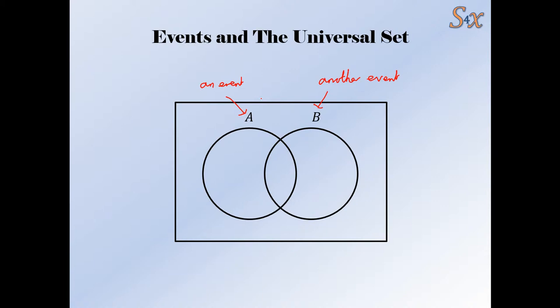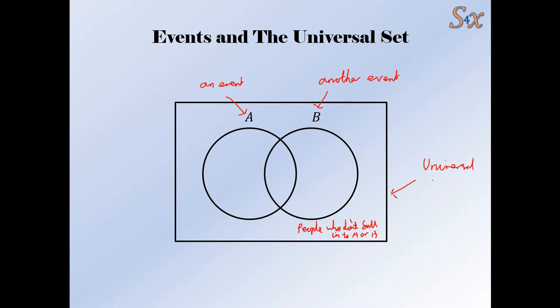This big rectangle on the outside is what we call the universal set. It represents everything, and people or things that don't fall into A or B go on the outside. So on the outside we have people who don't do A or B, or people who don't fall into A or B. This is referred to as the universal set.